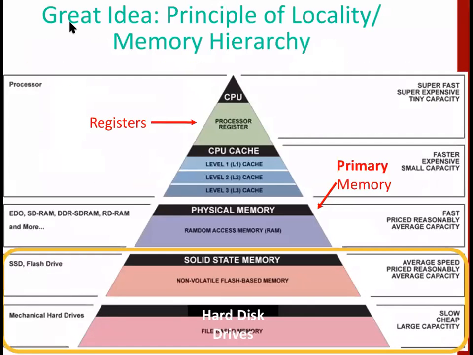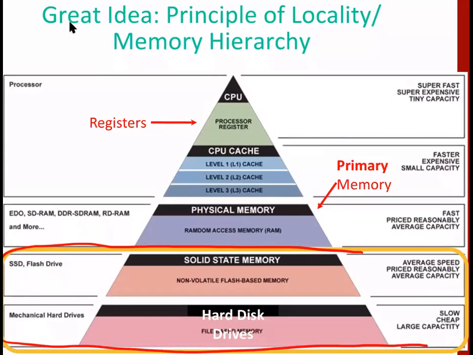All right, so we have studied this hierarchy several times, right? At the bottom, shown here in yellow boxes, are two devices: solid state memory or flash drive that laptops have nowadays, or hard disk drive.